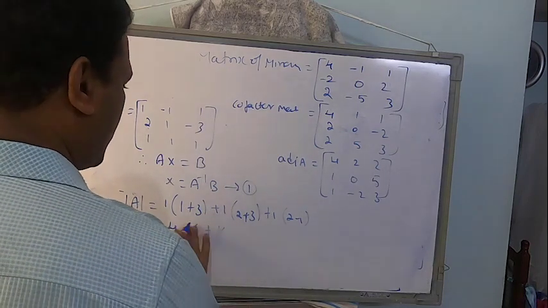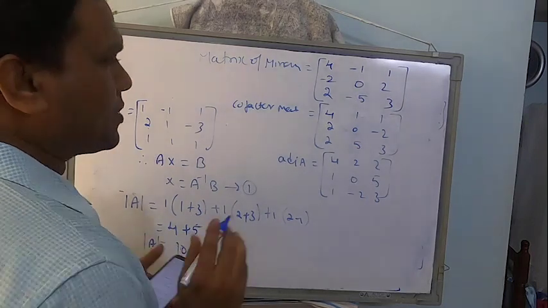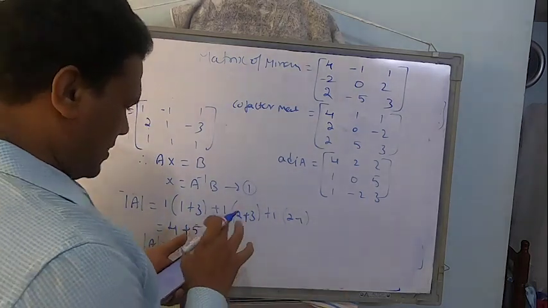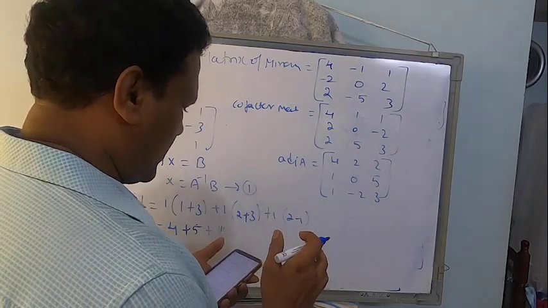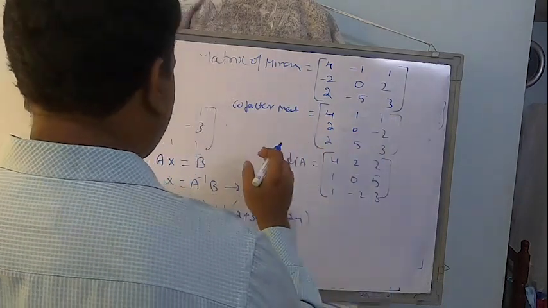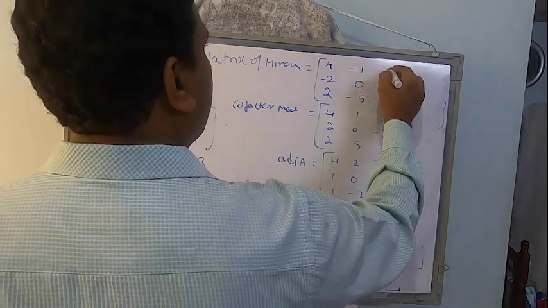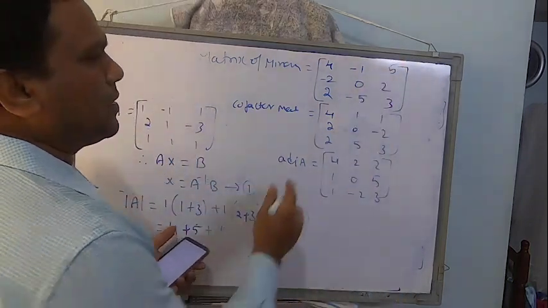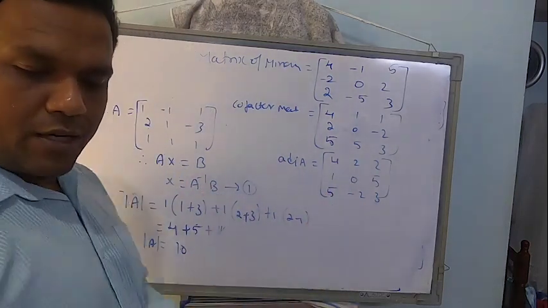Okay, so 4 plus 5 plus 1, so that's going to be 10. Okay, sorry, the value of the determinant is 10. 4 2 2, 1 0 5, 1 minus 2 3. It's not 1 here, this element, so maybe I have taken it wrong. So sorry, this will become 5. Fine. Okay, so this should be 5 and this should be 5. Okay, fine, the adjoint is correct.